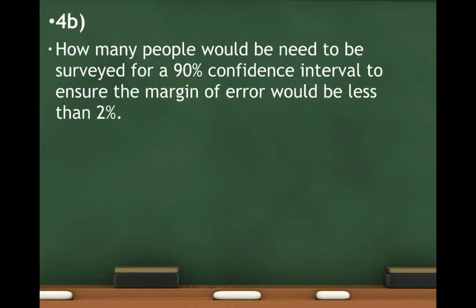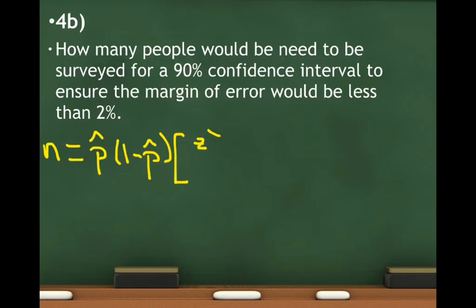So we're going to have our sample size equals our sample proportion p hat times 1 minus p hat times our critical value z star, divided by our margin of error. And you want to make sure you square when you divide.